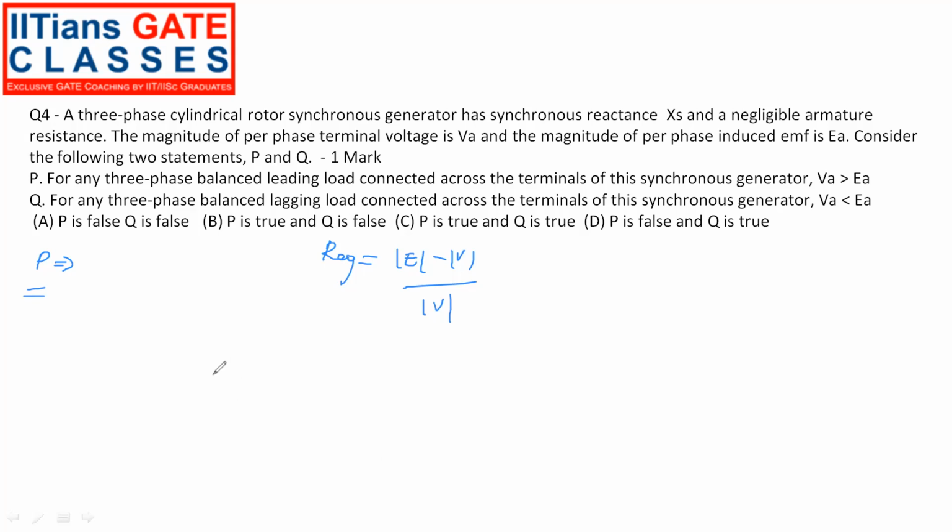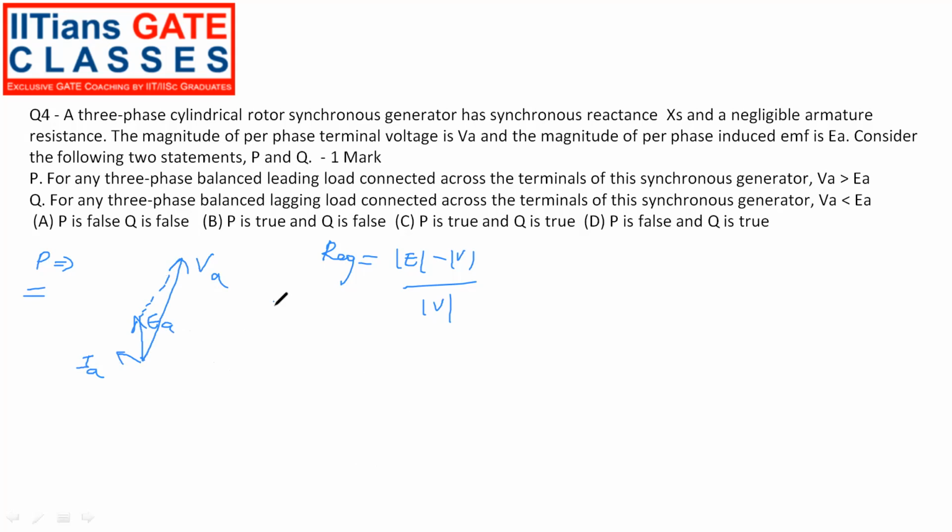So if you see the phasor diagram, suppose let's say this is EA and this is our current IA, which is a leading current. And if you plot VA, it will be something like this. So this is the synchronous reactance drop. This is a leading power factor load.